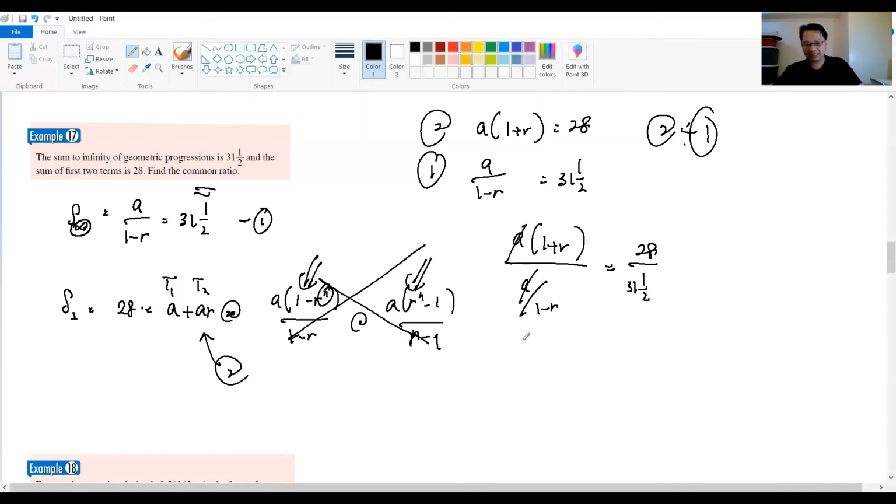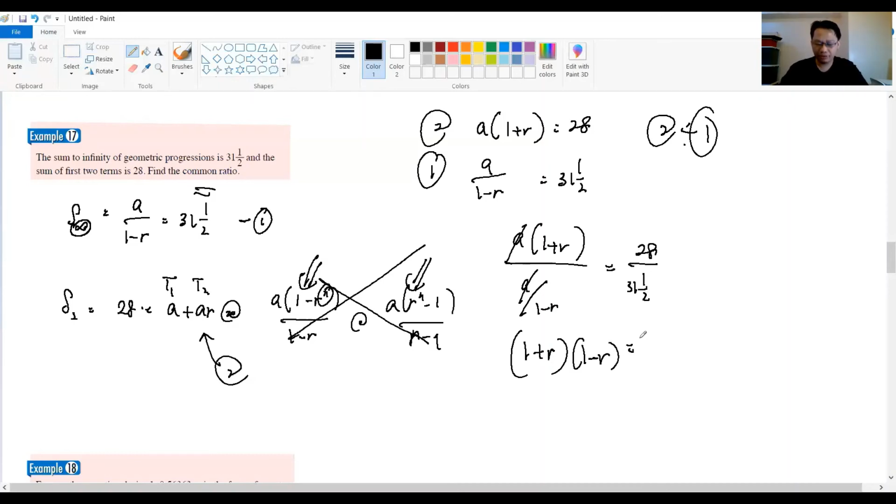So A and A cancel, and it will be (1 plus R)(1 minus R). I hope you guys don't have a problem solving this algebra. This is MS, not mathematics, so you must have the basic knowledge to solve algebra calculations.